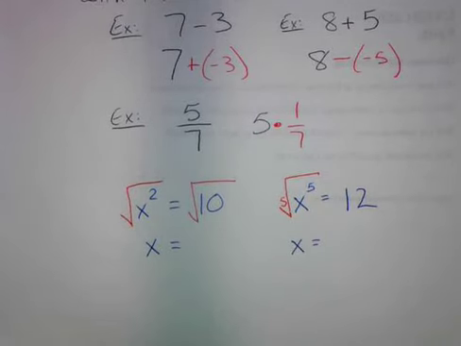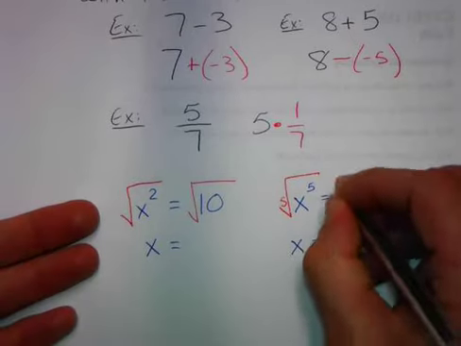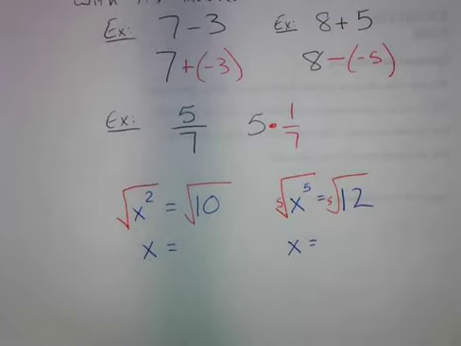Absolutely. And so to solve for x, I would take the 5th root on both sides, and then we'd have x equals the 5th root of 12. Again, the point is that we have more operations and their inverses.